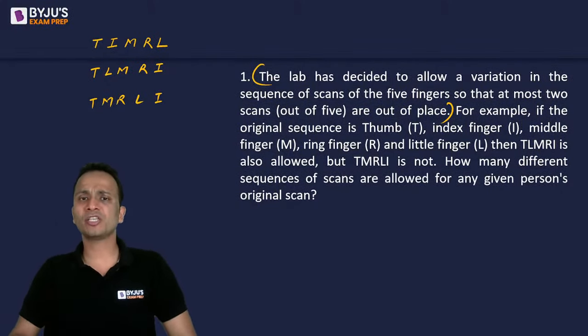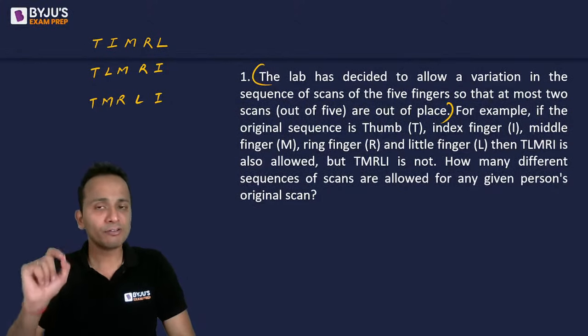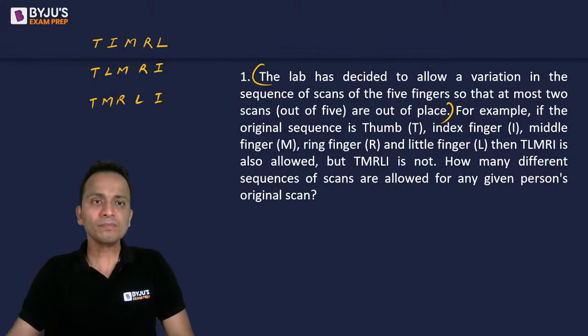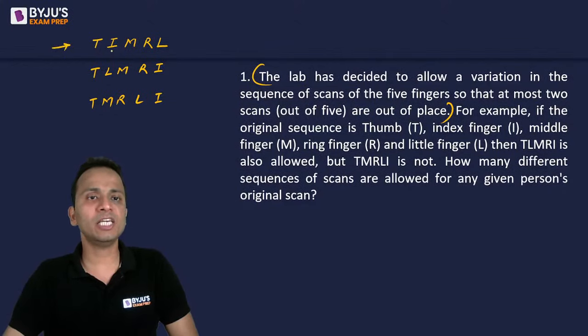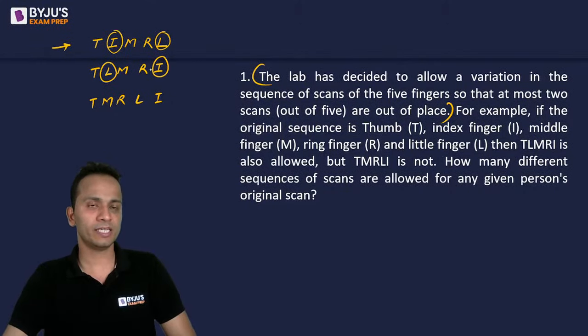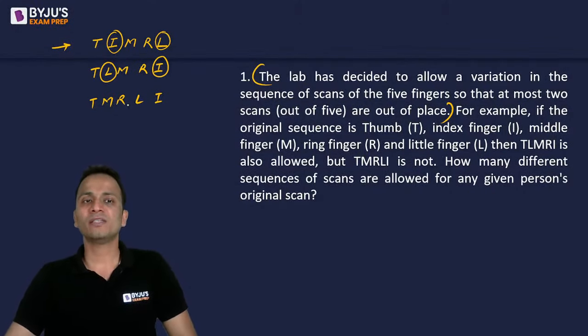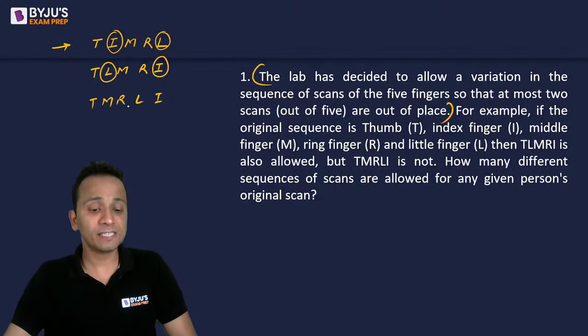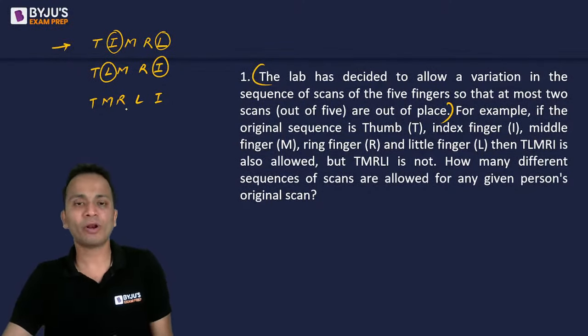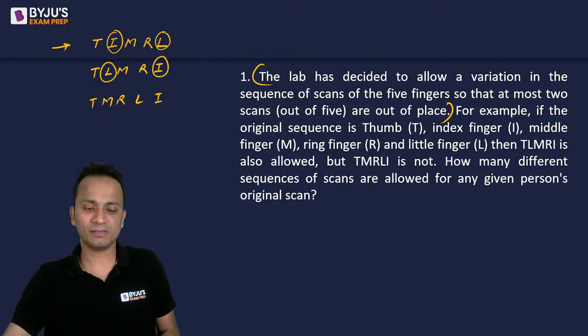If the original is TIMRL, then TLMRI is allowed, so basically इन दोनों को interchange कर दिया. So कोई भी 2 interchange हो सकते हैं. ठीक है. So likewise, how many different sequences are allowed for any given person's original scan?